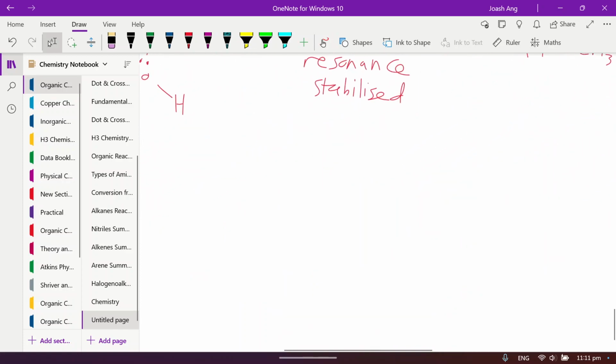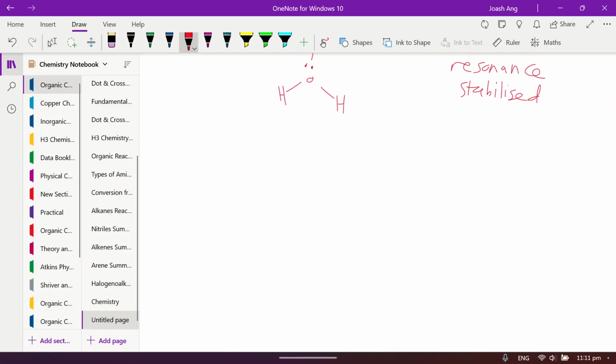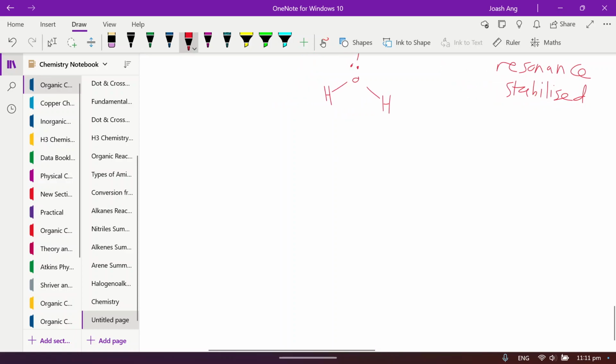Alright, so another thing is the sulfuric acid. So I'll just use the skeletal formula so that it will be much faster. In this case, sulfuric acid is more acidic than water. That is why it can be used as an electrophile where the hydrogen is more electron deficient.